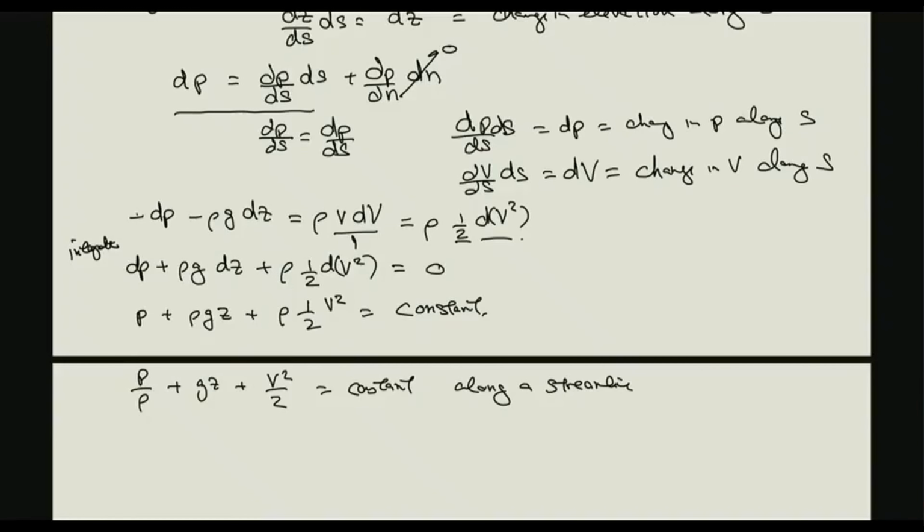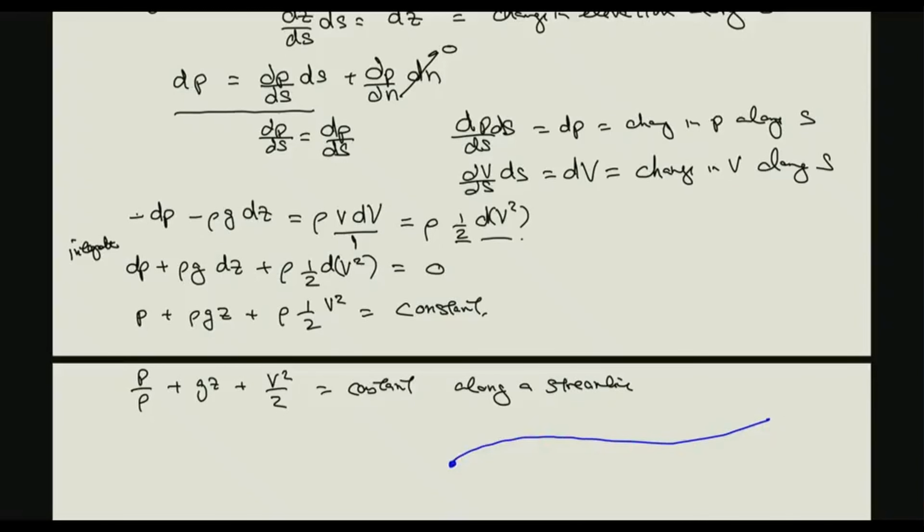So if we choose some streamline, and maybe at some point, maybe upstream, we know the values of all p, z, and v. Then we could evaluate the constant. And then the sum of these three terms is the same everywhere along that streamline. Okay?